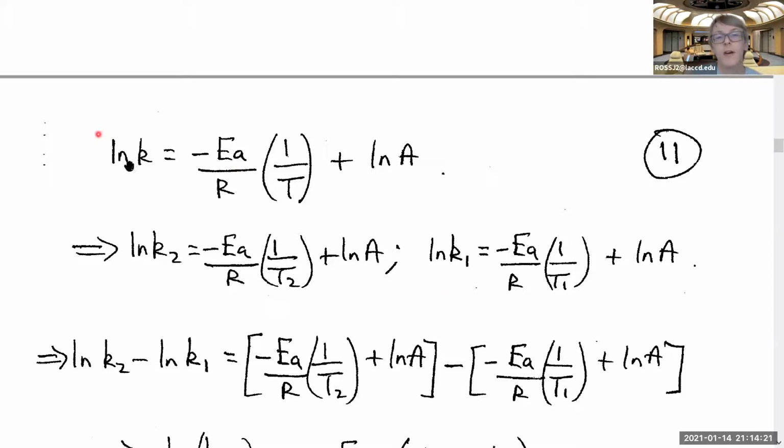If we take the log form of the Arrhenius equation, let's say we didn't know the frequency factor A, there's a way to get rid of it because it's constant for a given chemical process. If we take the same chemical process at two different temperatures, so we've essentially rewritten the Arrhenius equation twice here, but we've labeled temperature T2 versus T1.